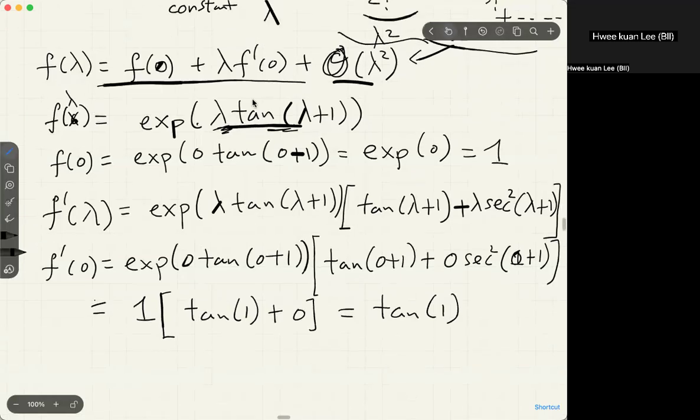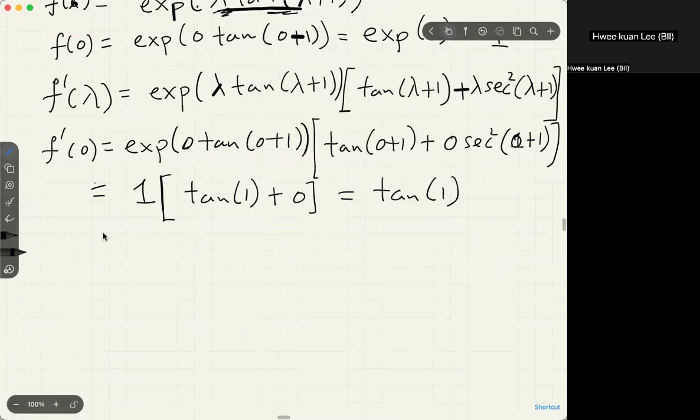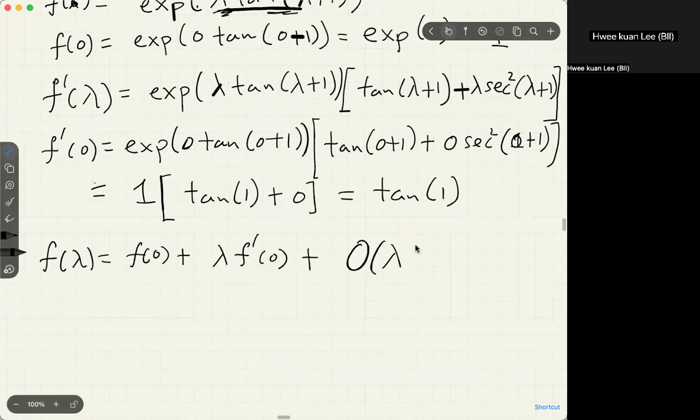Good. Now come back to my current series. We have this term, F of lambda equals F of 0 plus lambda F prime of 0 plus order of lambda square.